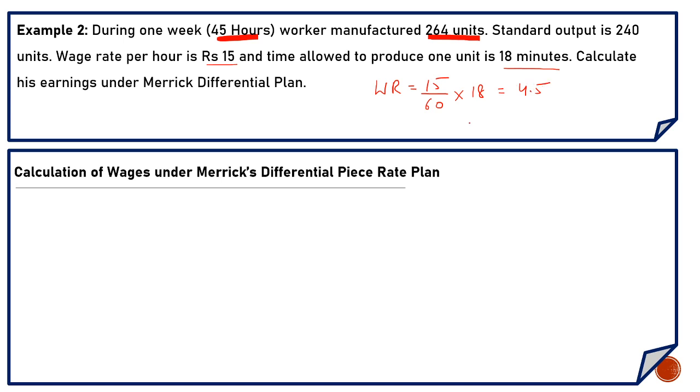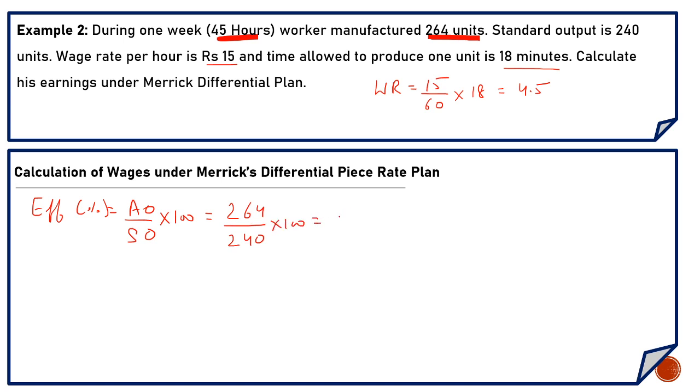Now first we calculate the efficiency of this worker. The formula to calculate efficiency is actual output divided by standard output into 100. Here actual output is 264 units and standard output decided by the company is 240 units into 100.